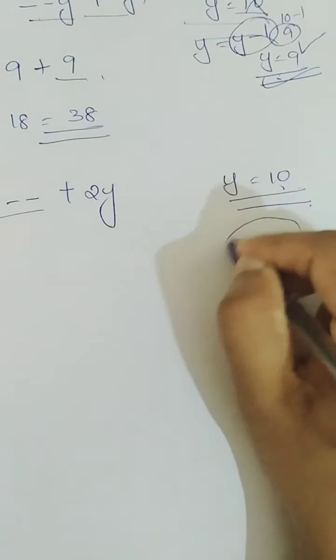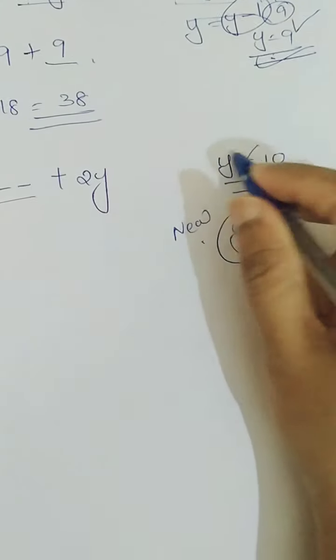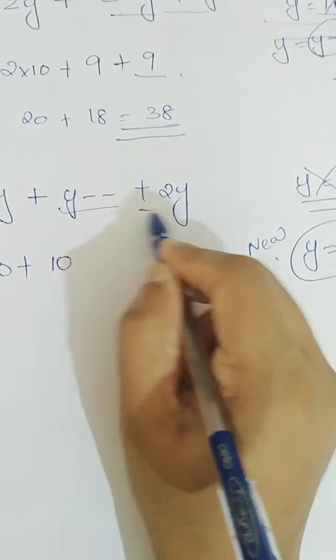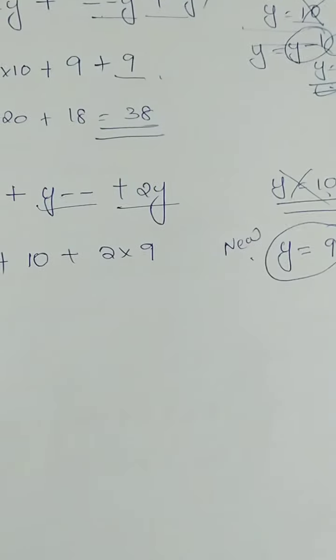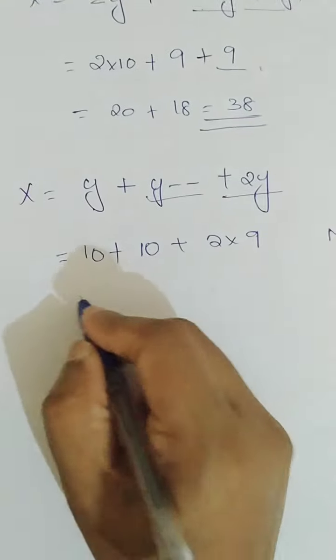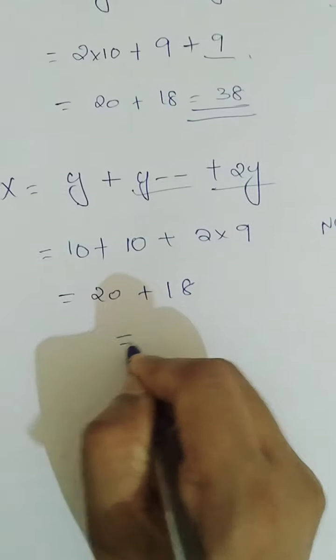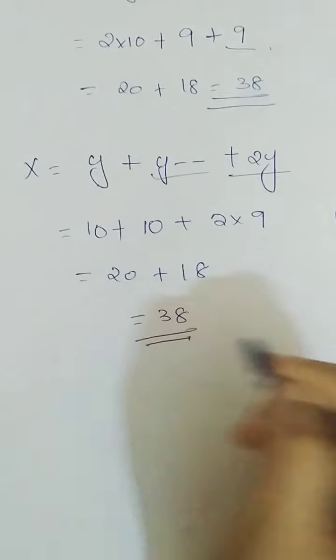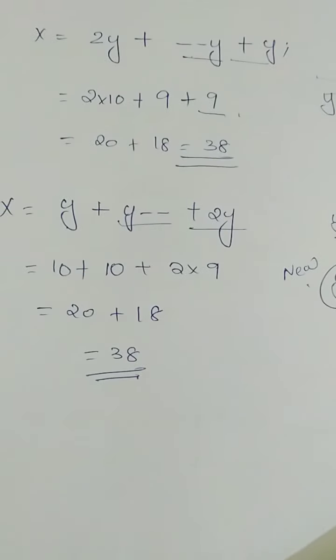So it becomes 9. So now y's new value is 9. So here when it uses for this, it will take 2 into 9. That is y's new value. So you will get 20 plus 18 which is equal to 38. I hope it is clear about the execution.